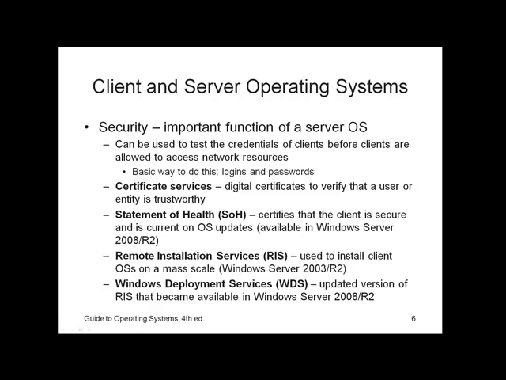And when we say valid, we're referring to the fact that that client is considered secure and is current on its operating system updates. As we know by now, operating system updates in and of themselves help ensure the security of the server infrastructure and the workstation infrastructure.